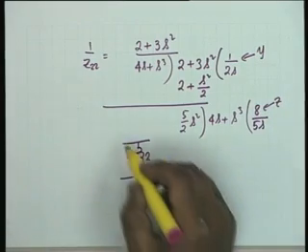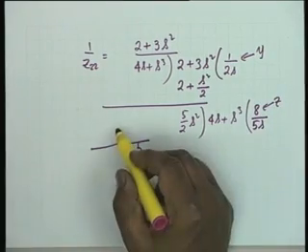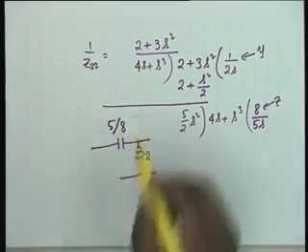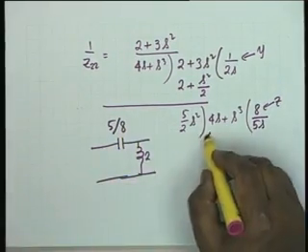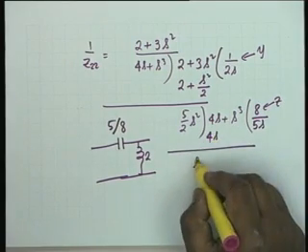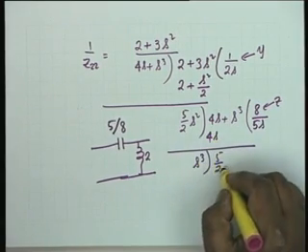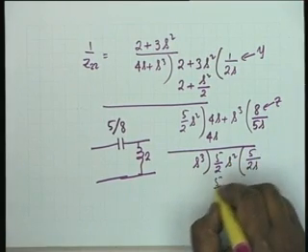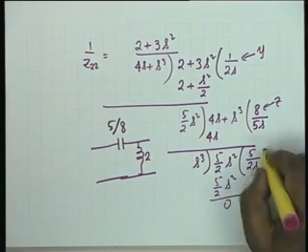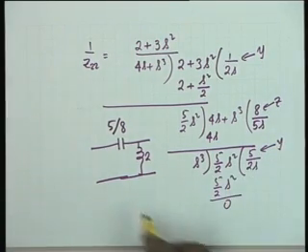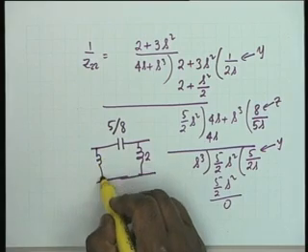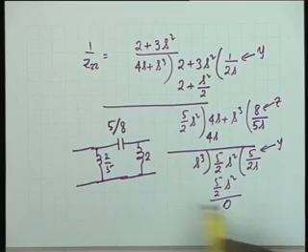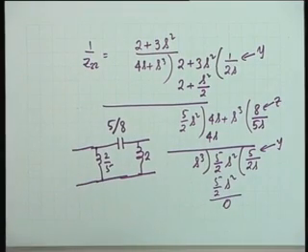This is a Z, and therefore the next capacitor is 5 by 8, 1 by SC. Then I am left with S cubed and 5 by 2 S squared, 0. This is an admittance Y, and therefore the next inductor is 2 by 5, and there is a 0 of admittance, so this must be open.